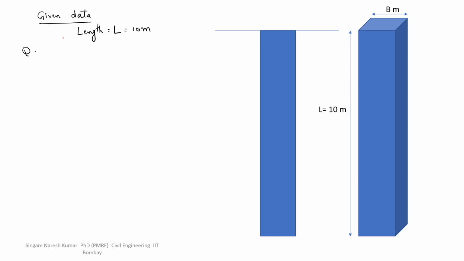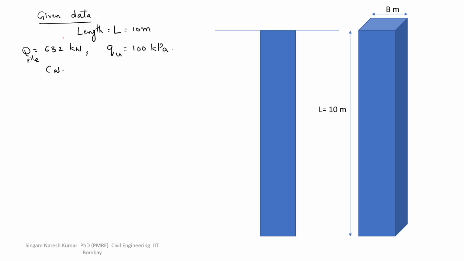Then the ultimate compressive capacity of the pile is also given, 632 kilonewton, right? Also we have been given the QU value, if you remember, that is 100 kPa. This is the given data.